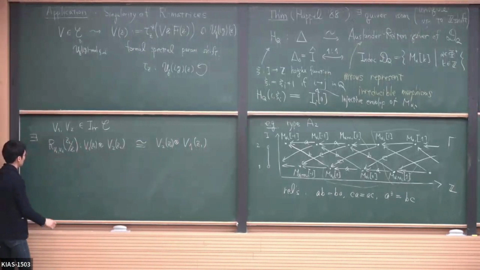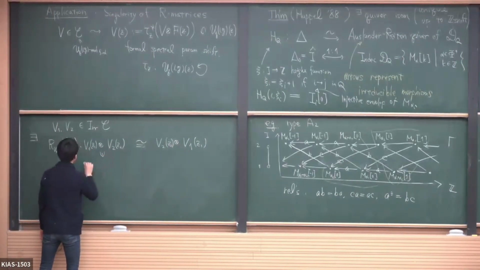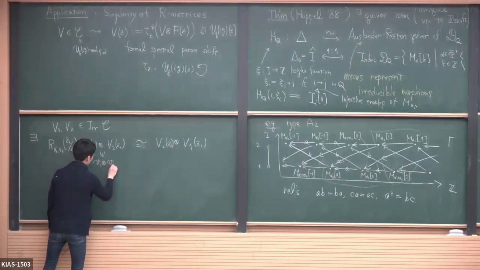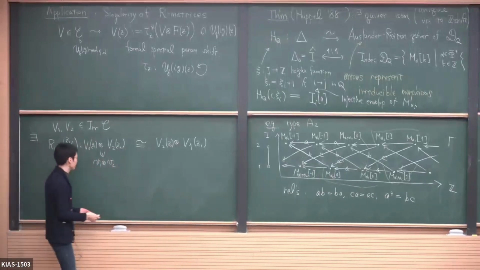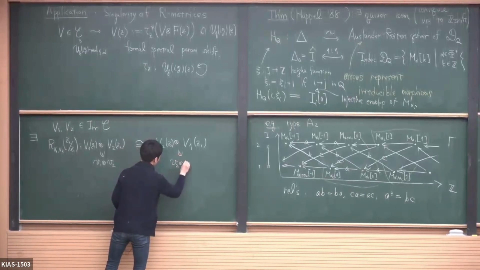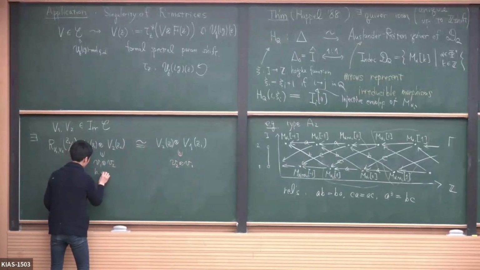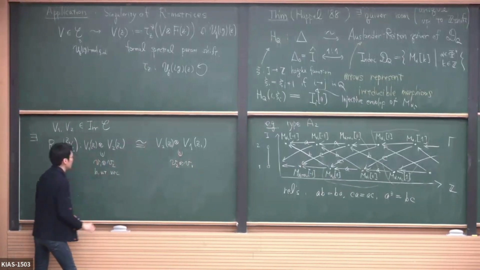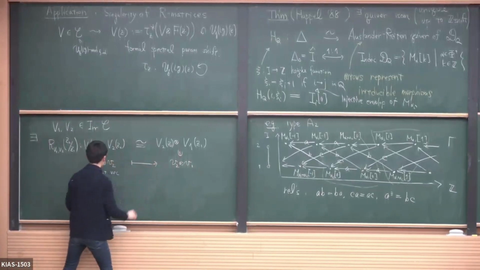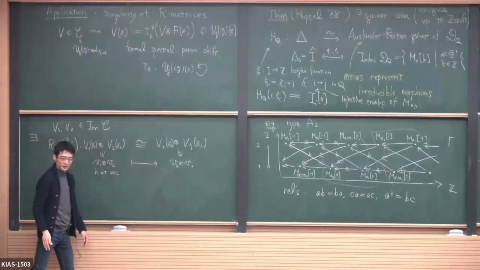And if we normalize, because irreducible representations are highest weight representations, we can take highest weight vectors. Then we impose this normalization. So this R sends highest weight vector to highest weight vector.